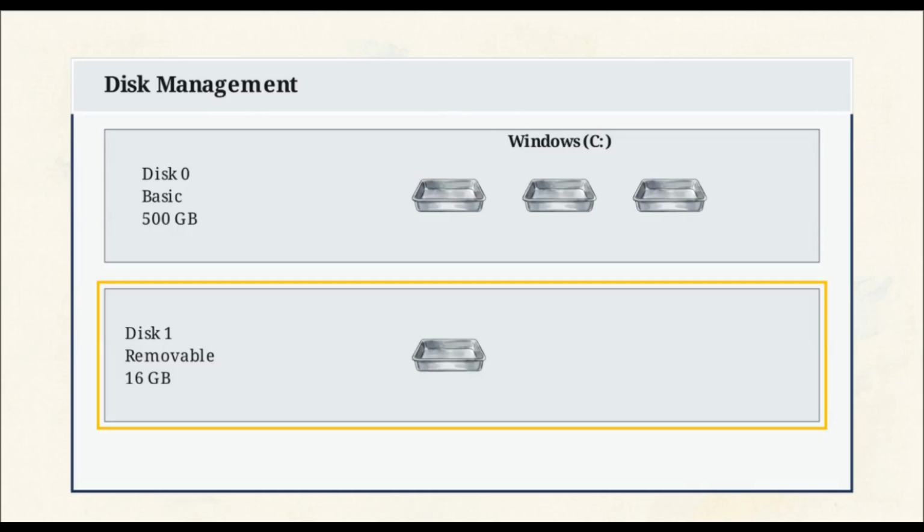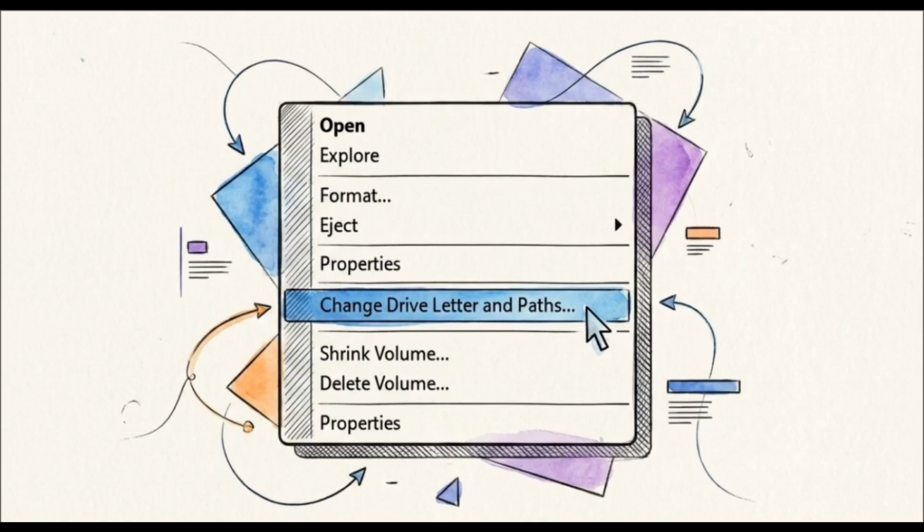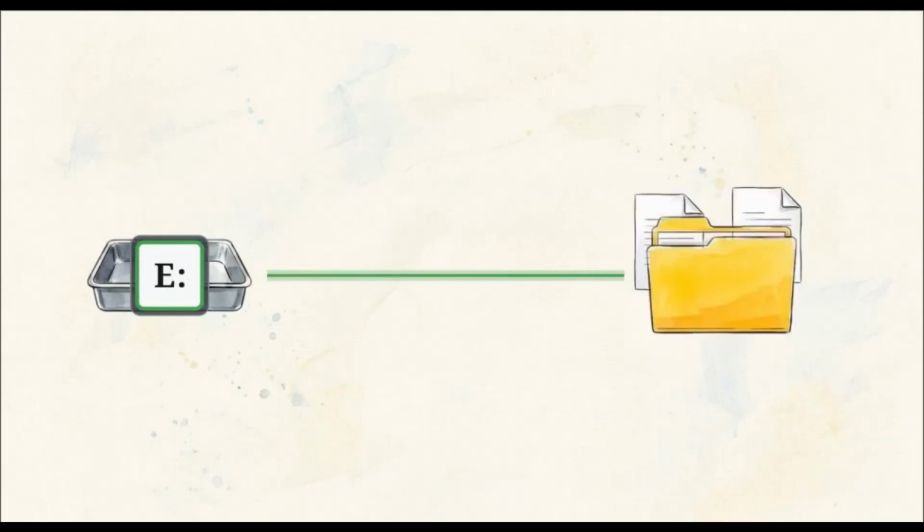Often, the drive volume exists on this grid, but it is missing an assigned drive letter, like D or E, which serves as the bridge to the user interface. To create that connection, right-click the unnamed volume and select Change Drive Letter and Paths to assign one manually. Manually assigning that drive letter provides Windows File Explorer the necessary navigational map it needs to finally display your files.